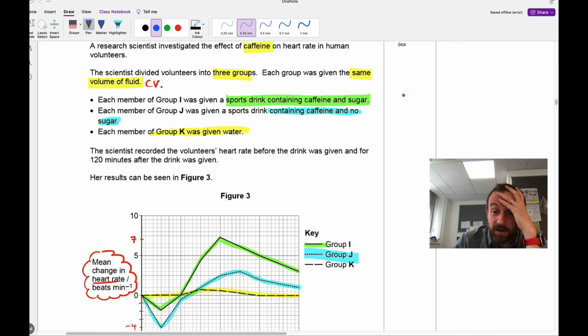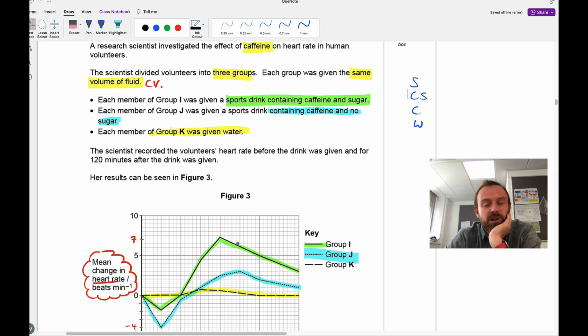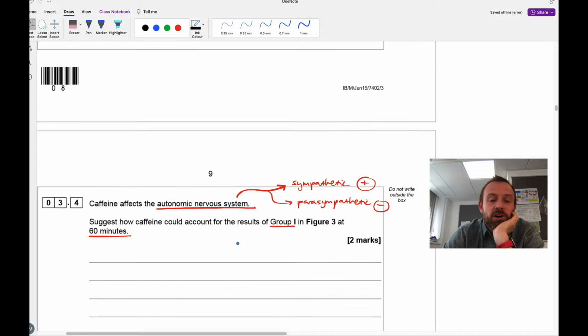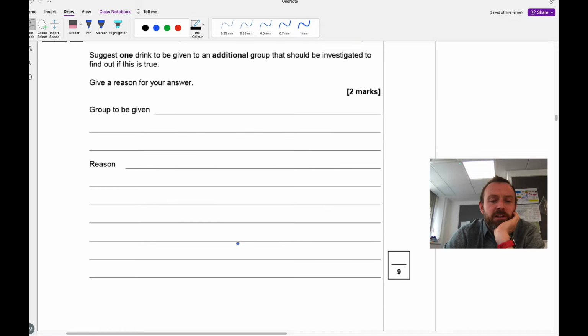So we've got caffeine and sugar as one combination, we've got just caffeine, and then we've got water. What about just sugar? We haven't got just sugar. So is the big boost that's seen in green because of the combination of caffeine and sugar, or is it just because of the sugar? It's difficult to tell. So that's the answer, but the mark is going to be for the explanation.